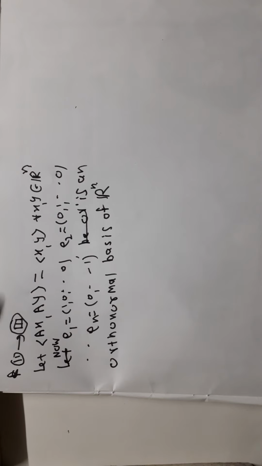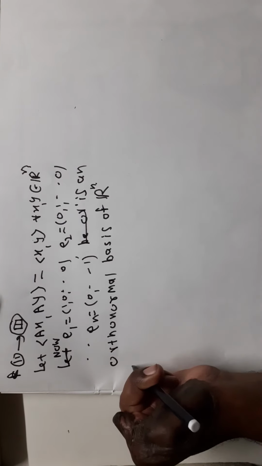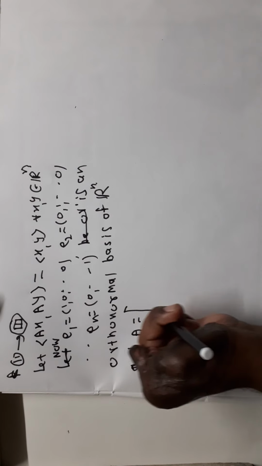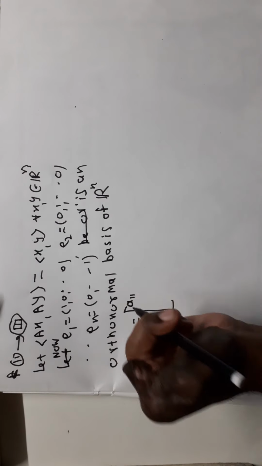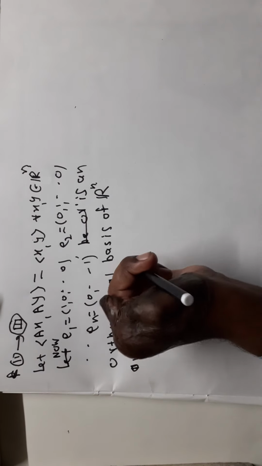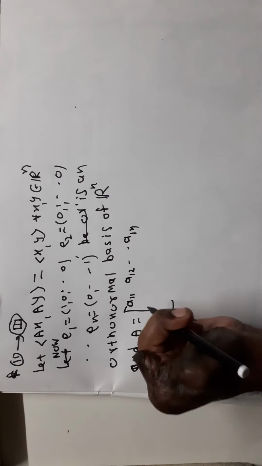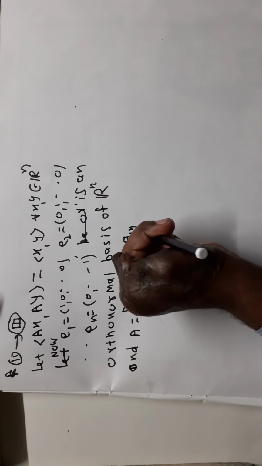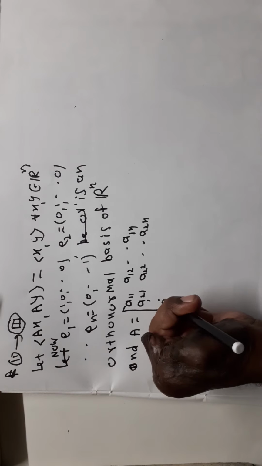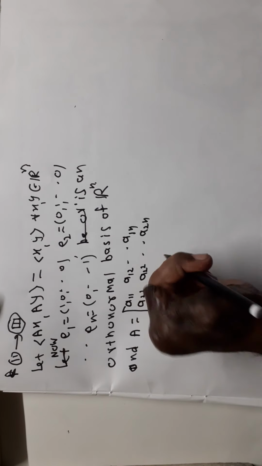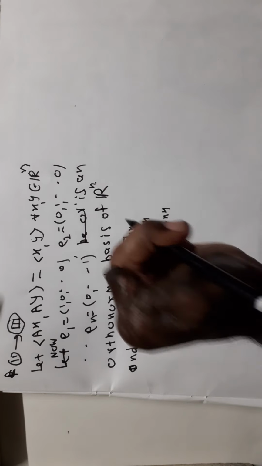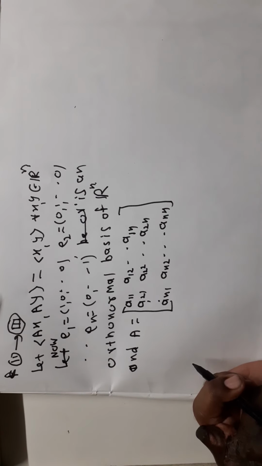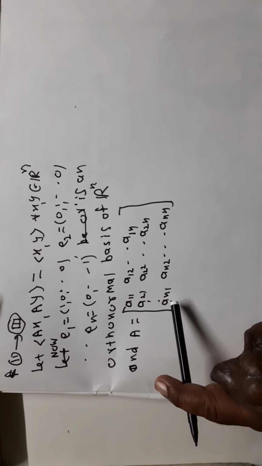Now we have to form Ax, A here, and A is equal to matrix A11 A12 A1n, A21 A22 A2n, An1 An2 Ann.